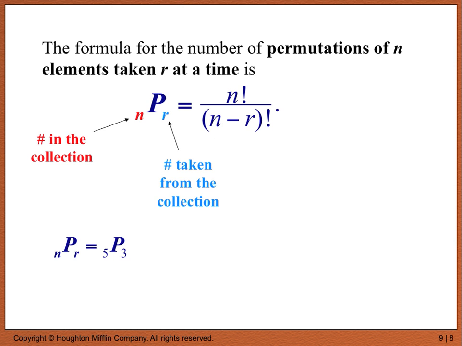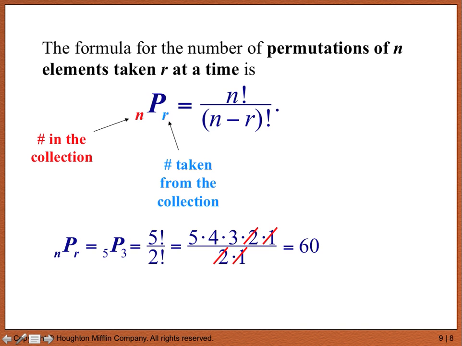Okay, so nPr specifically from the last screen is 5P3. 5 represents the number of projects, and 3 represents the number of prize winners, so 5P3. Well, it's 5 factorial over 2 factorial because my denominator is n minus r, which is, in this case, 5 minus 3, and 5 minus 3 is 2. Well, why do we have that denominator n minus r factorial?